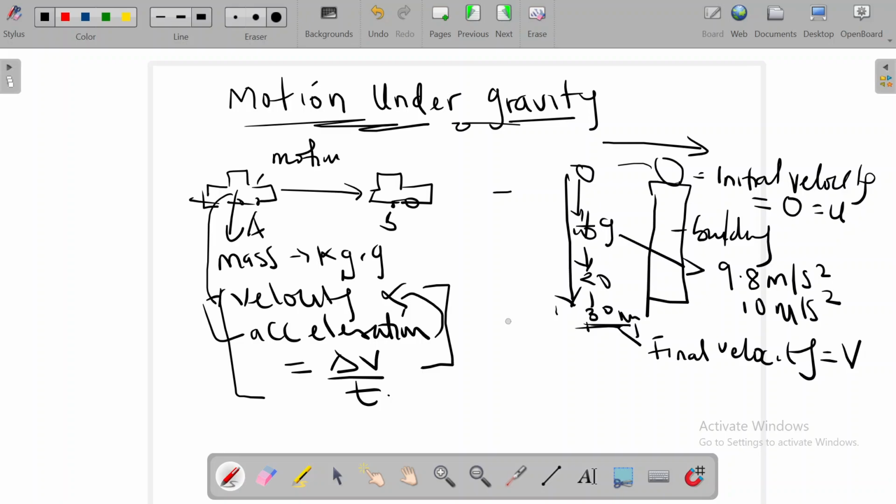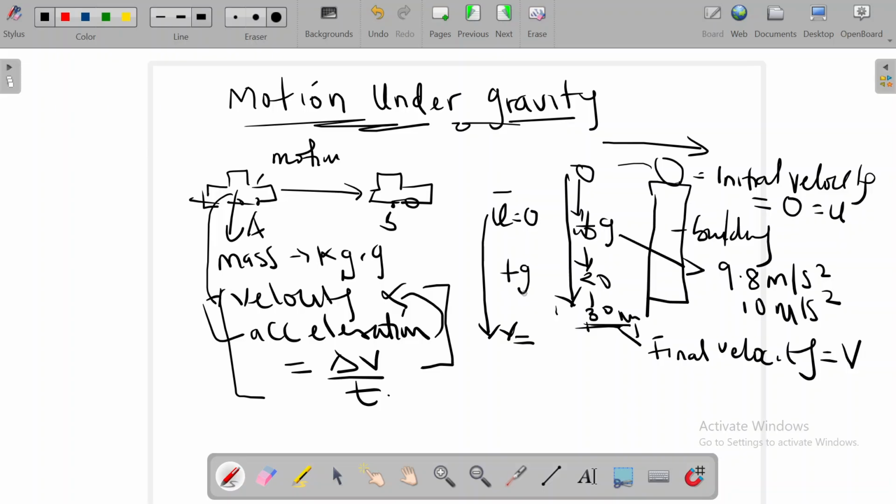So, first important note, when an object is moving vertically downward, it has an initial velocity of 0 and a final velocity is whatever the velocity it uses in hitting the floor, which could be any range of numbers. And gravity is known to be positive g because it is falling under gravity.